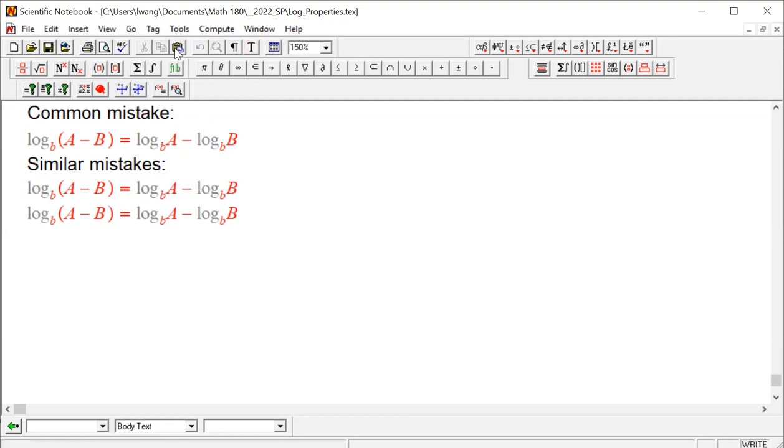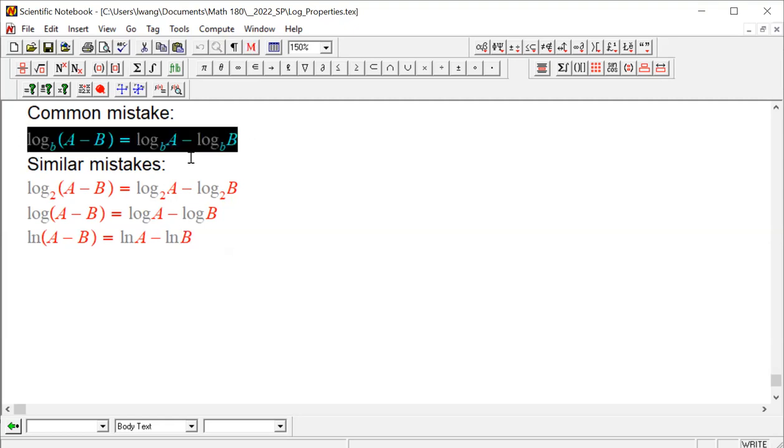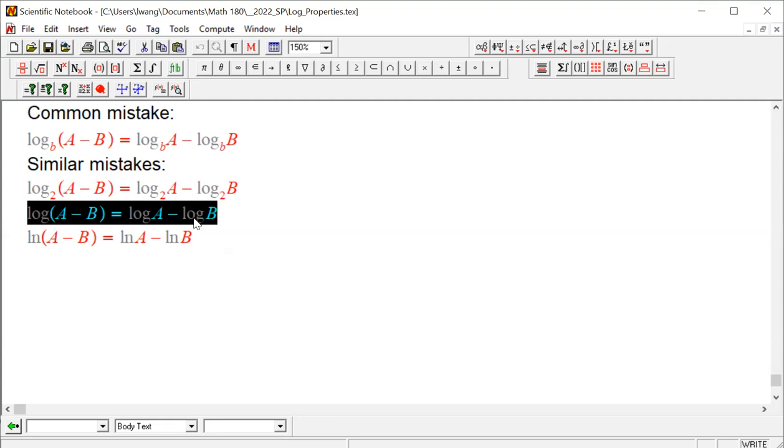For example, base 2 could be used, and the common log may be used, or base e may be used, ln. So all of these are common mistakes depending on the base of the log you're using. This is the general form mistake, and these are the special case mistakes.